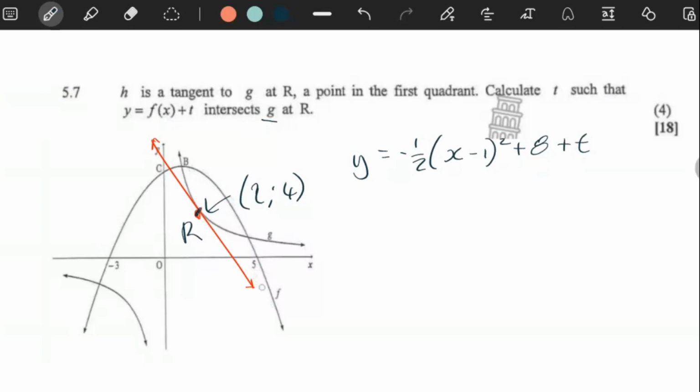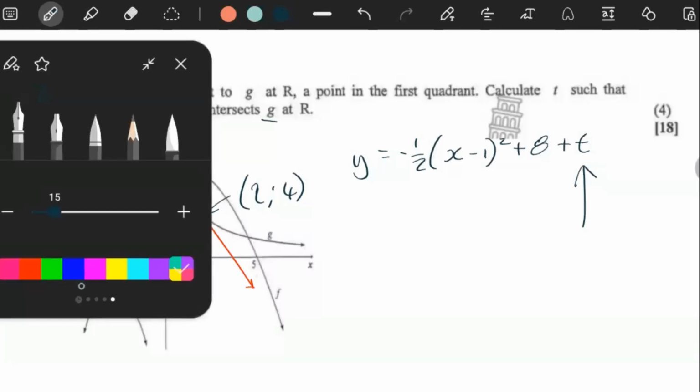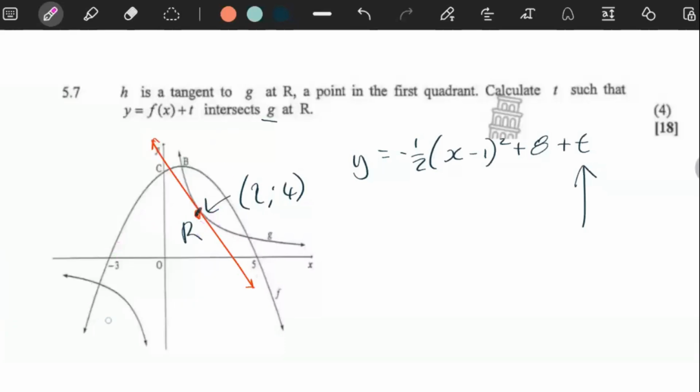So for this parabola to be moved based on this number until it touches g at r, it means that the parabola has to move downwards. So it might move downwards and it will eventually potentially look something like this.